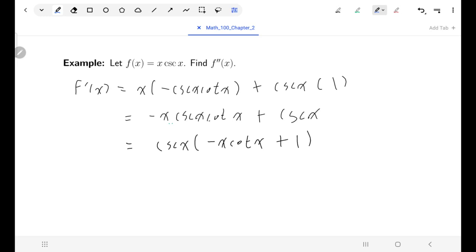When I do my second derivative, I am going to diagram things out, and then we'll do the actual taking of derivatives afterwards.